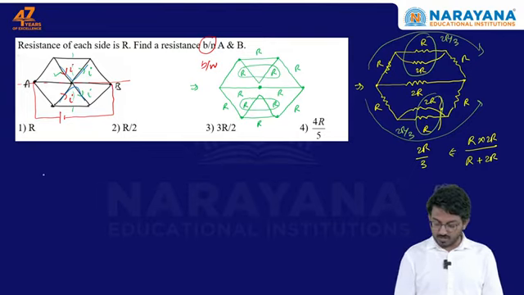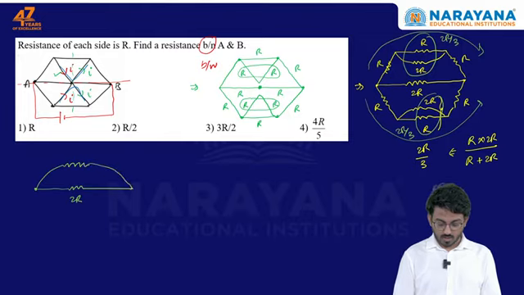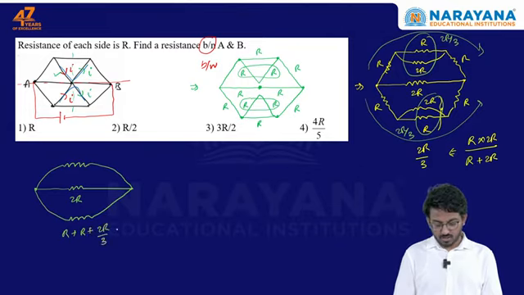So now the diagram can be readjusted, the center line being 2R, so this being R plus R plus 2R by 3 because they are in series, giving us 8R by 3, and this also is the same, so therefore 8R by 3.